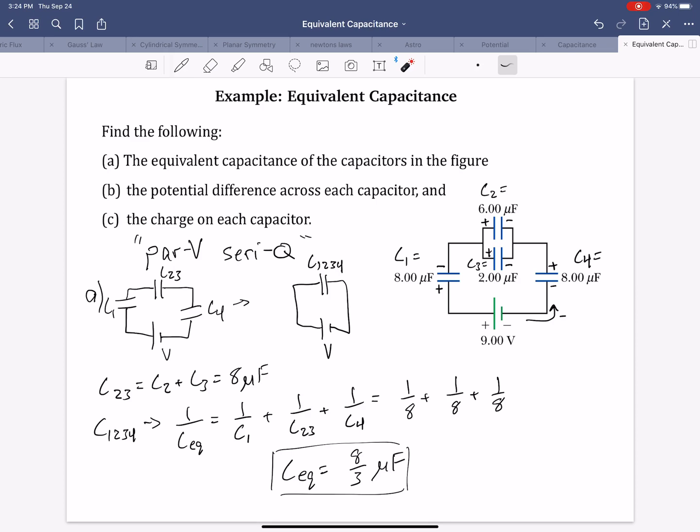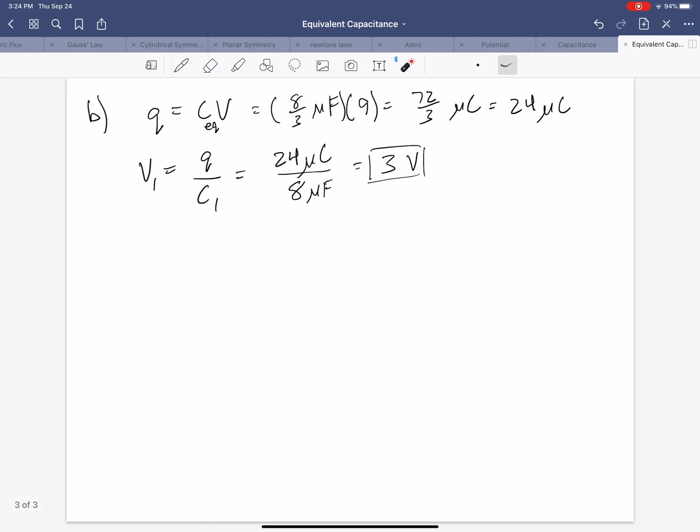Whatever voltage we find is the same for both of them because they're in parallel.